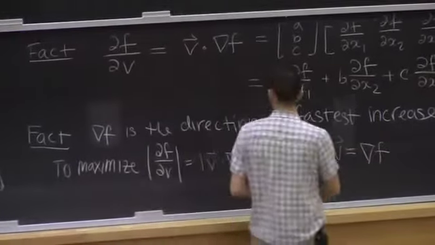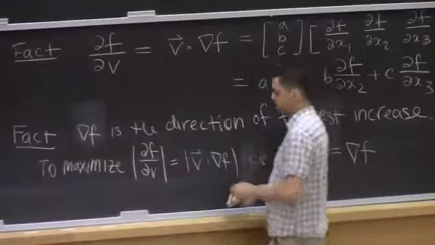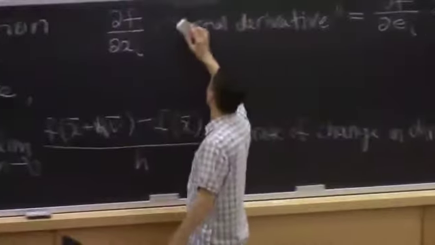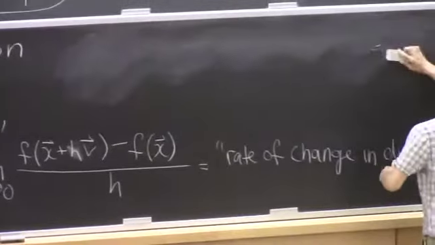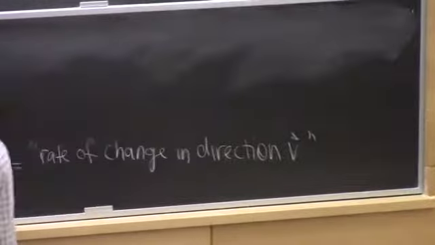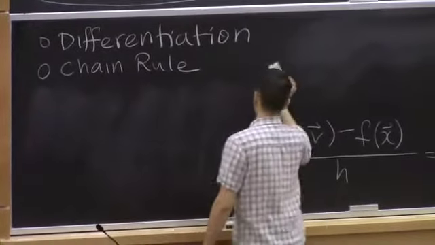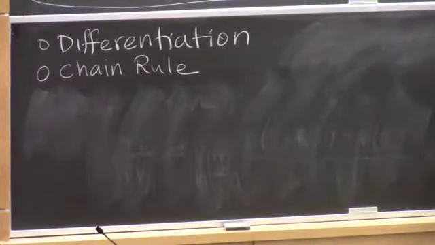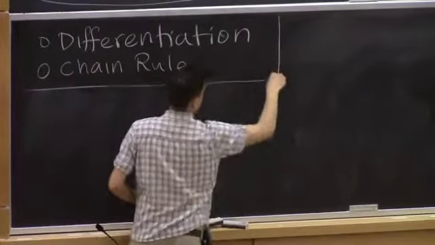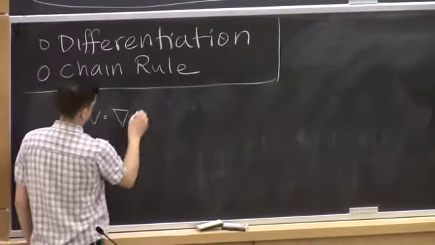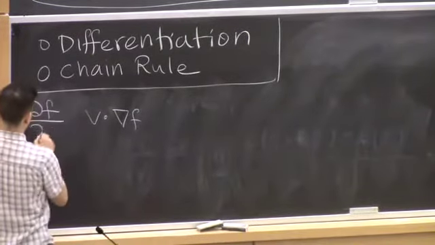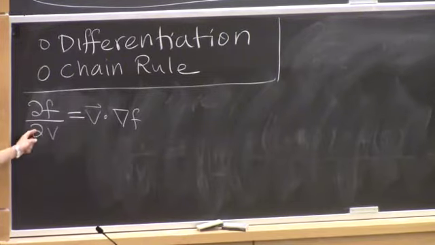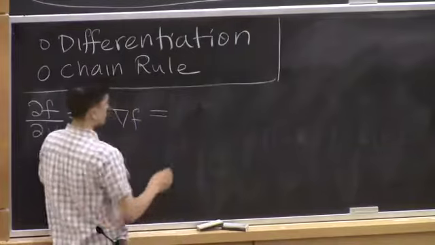So let's try and say a little bit more about that. Okay, so our directional derivative in direction v is v dot the gradient, but a dot product can be written like this.